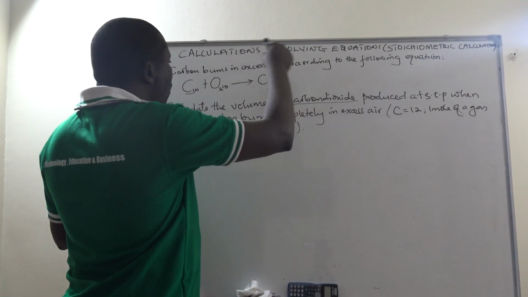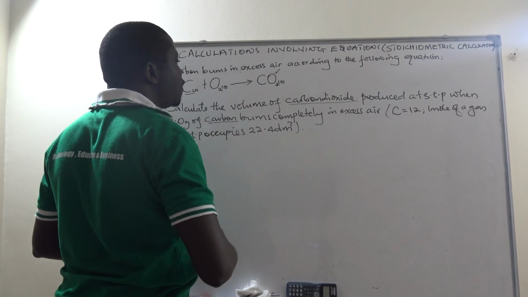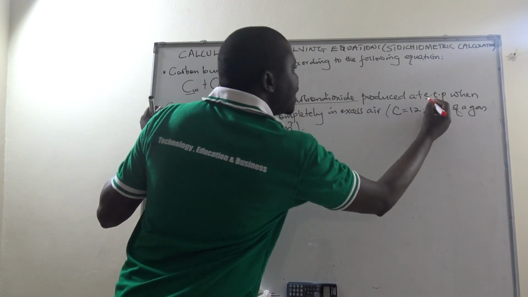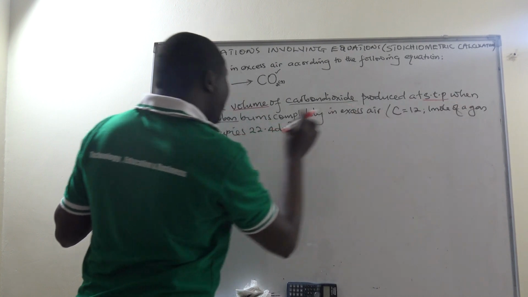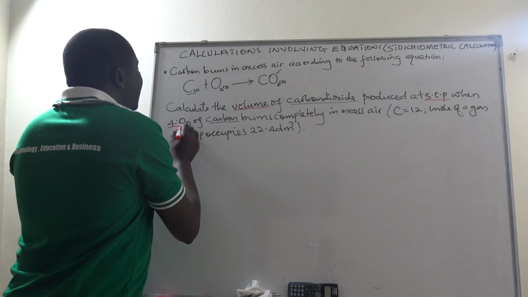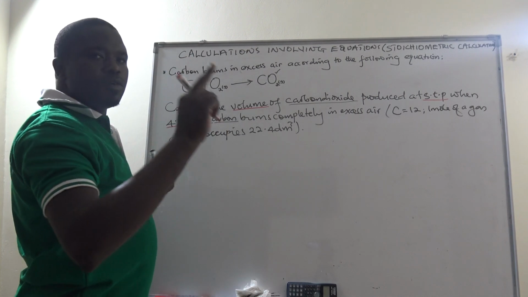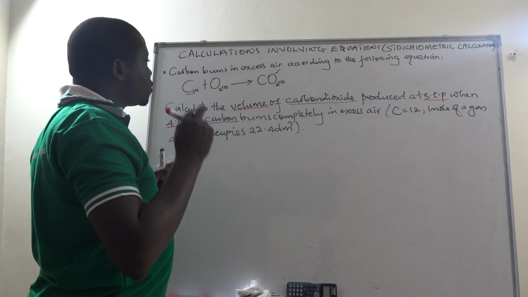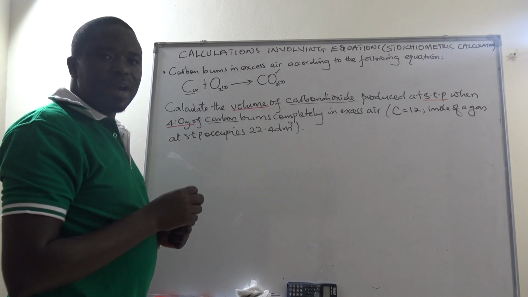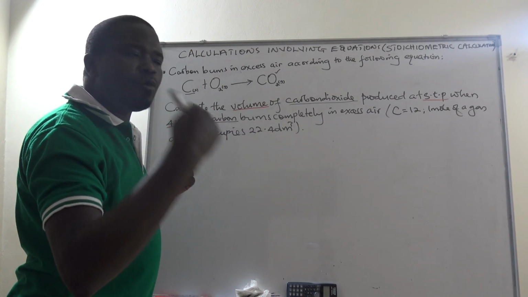For carbon dioxide, we are calculating the volume, meaning that the 1 mole of carbon dioxide we are going to convert to the volume at STP, whose value we have been given here. And as for carbon, we have been given the mass of carbon, meaning that this 1 mole of carbon we shall convert to mass. So make sure that you convert the number of moles of each of the chemical species you are going to consider in your calculation to either volume or mass, that is to the rightful quantity.